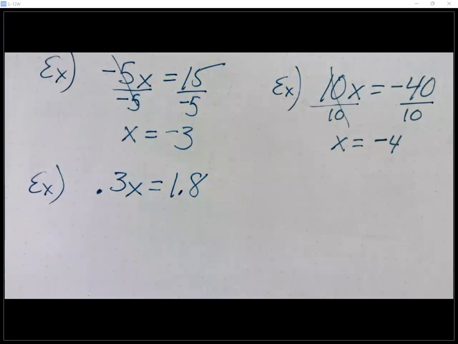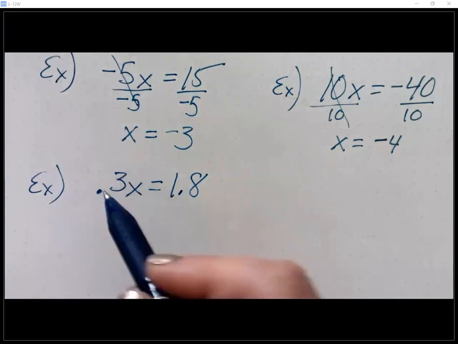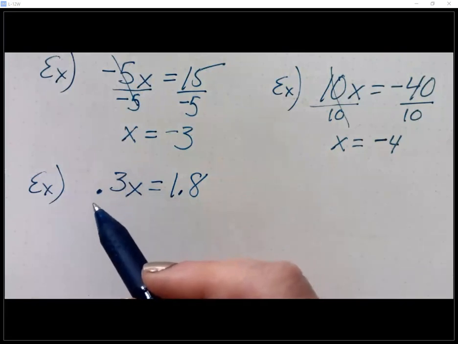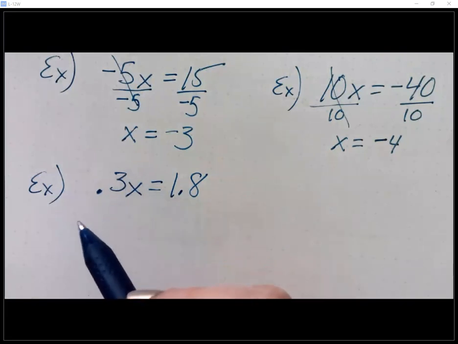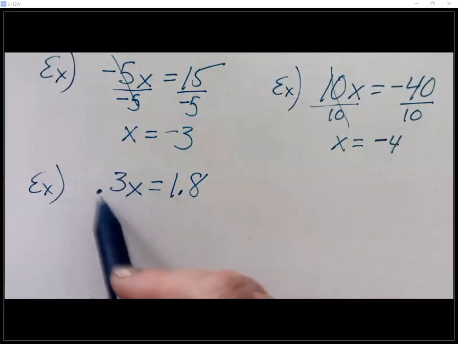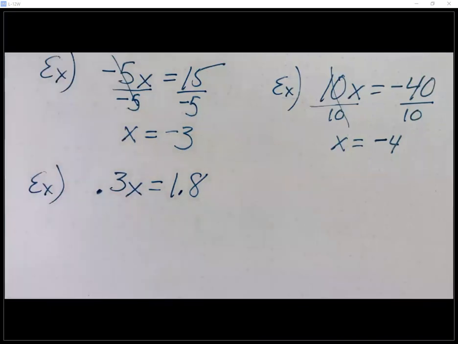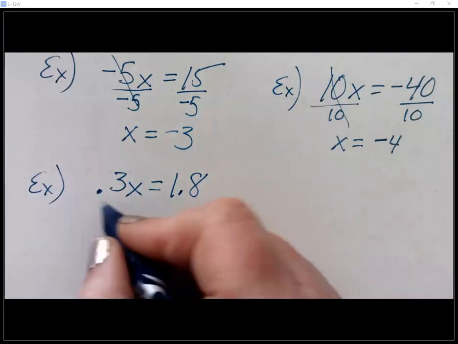I want to get this x by itself, so I need to get rid of this 0.3. What operation do I do to get rid of this? Divide, yeah, because right now it's multiplication, right? It's 0.3 times x. So I need to do the reverse operation. I want to divide by 0.3.